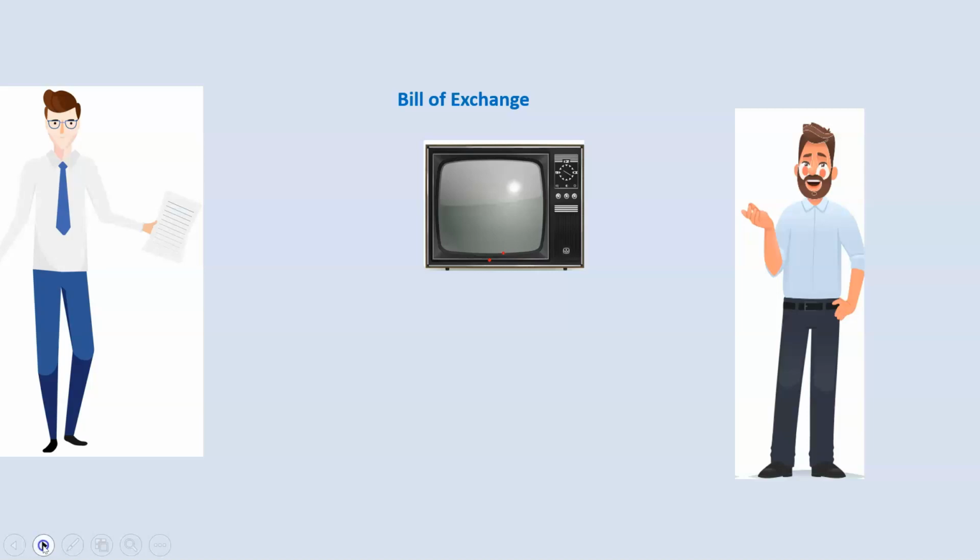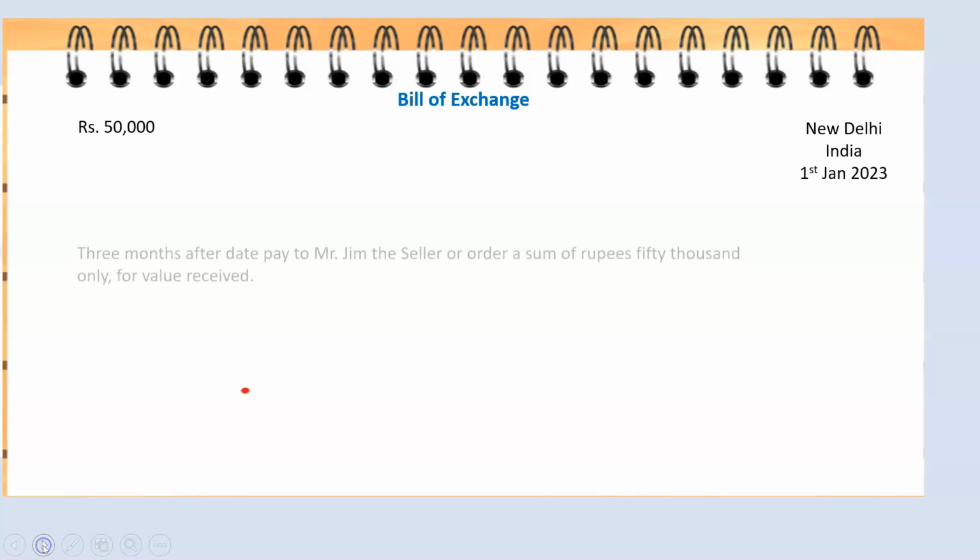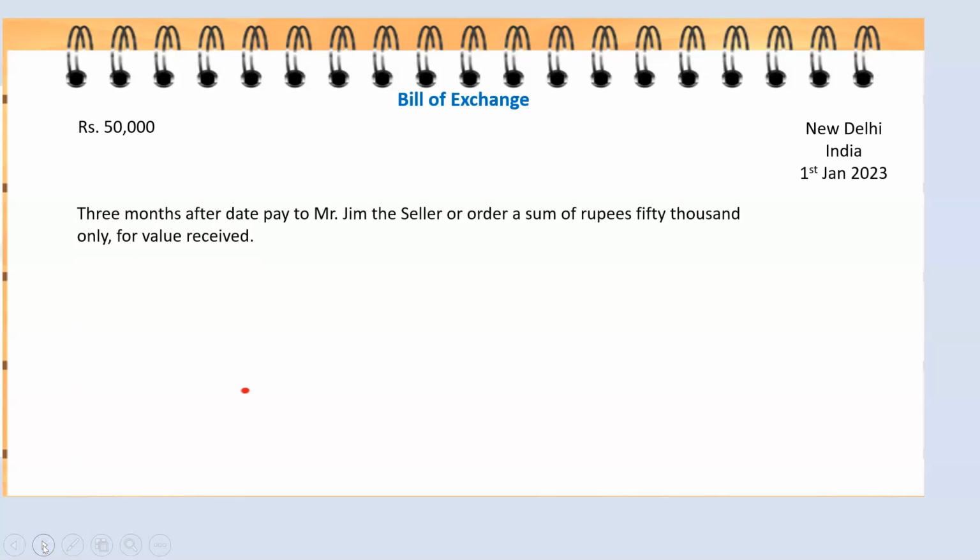Today is 1st Jan 2023 and Jim the seller writes a bill of exchange. He writes the city and the country they are in and the date on which the bill of exchange is being made. He then writes text something like this: 3 months after date, pay to Mr. Jim the seller or order a sum of rupees 50,000 only for value received.